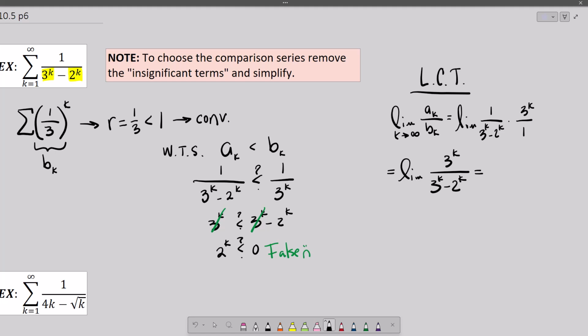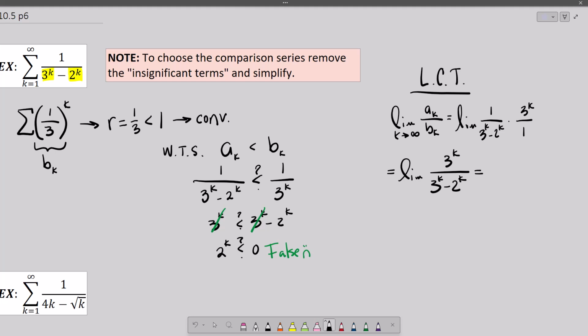So one thing that we did with polynomial fractions, with rational functions, was divide by the highest power of x. And if you generalize that concept, the idea is that you divide by the dominant term.